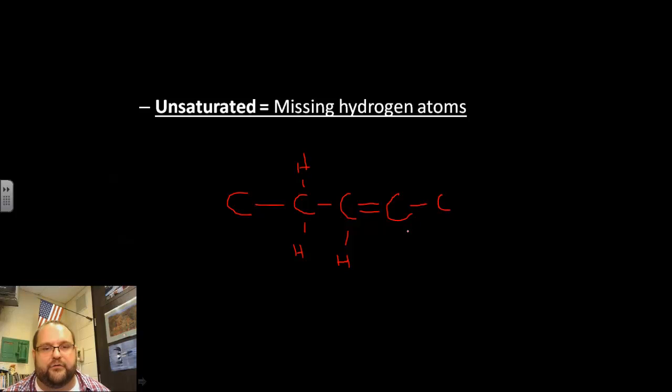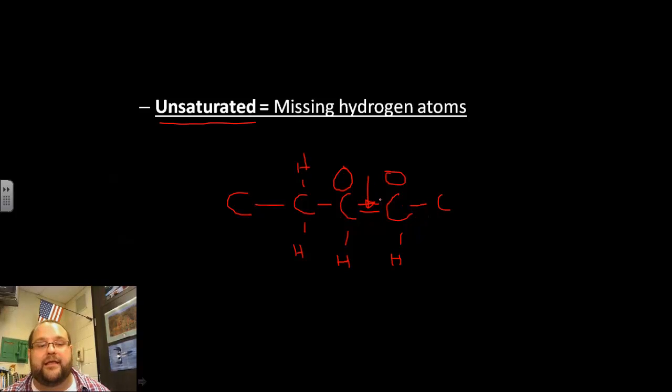So if I bond to another carbon out here, this one's only going to have 1 hydrogen. Because of that, we removed a couple of hydrogens out here, and removing those couple of hydrogens, we added this double bond, which means that this is unsaturated with hydrogens. It's not completely full with hydrogens, and it has those double bonds.